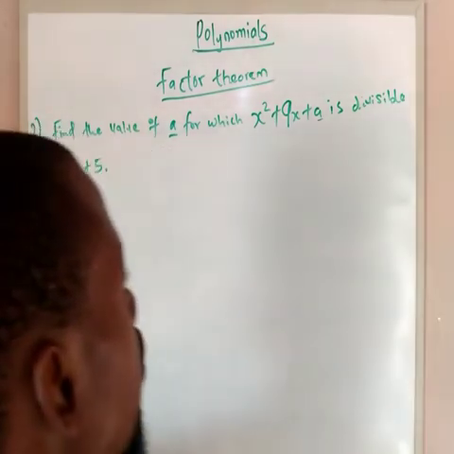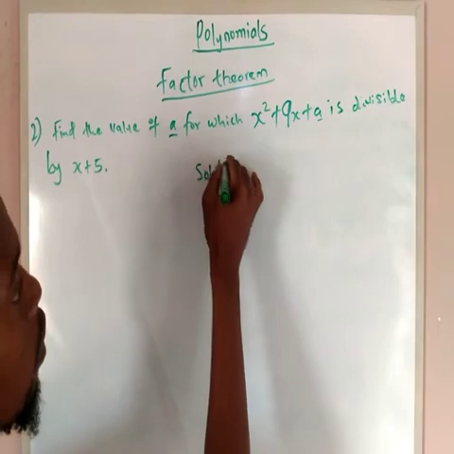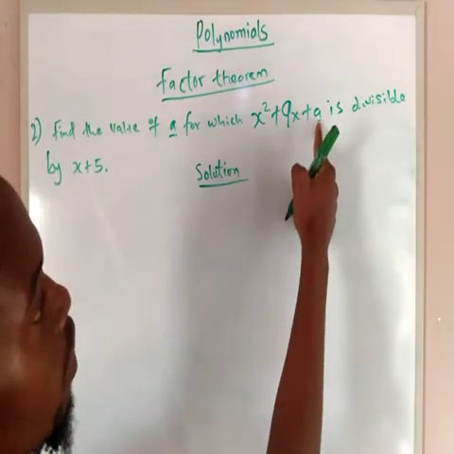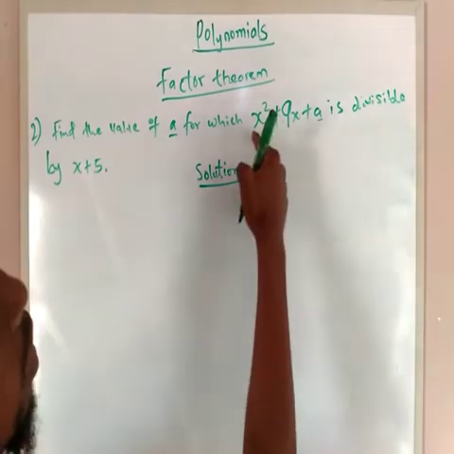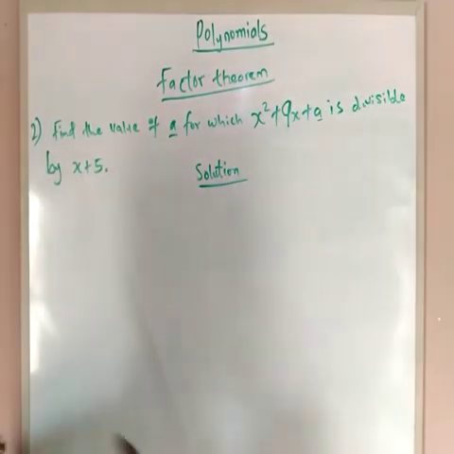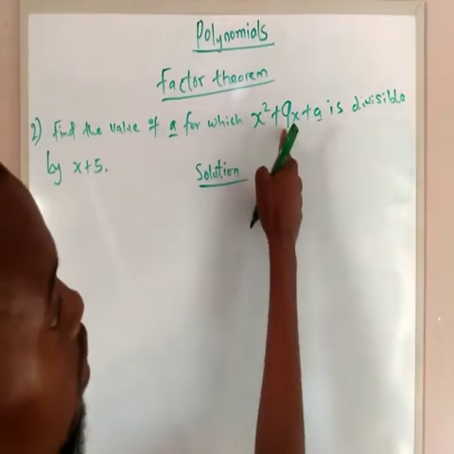So actually what we are being asked to do here is to find the value of a that will make this polynomial divisible by this without any remainder. That is, it will make x plus 5 a factor of this polynomial.